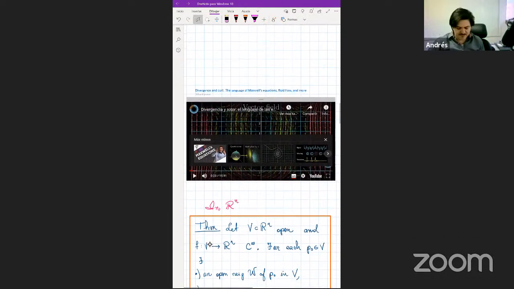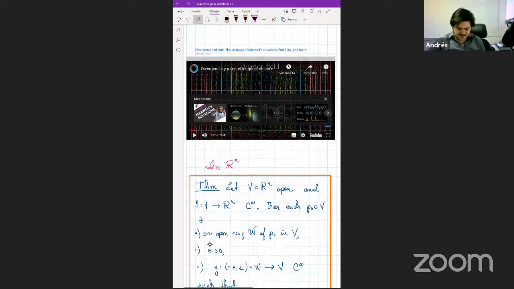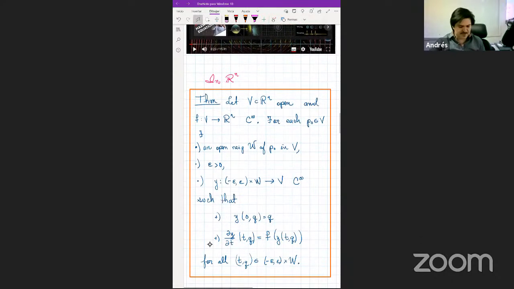So I just wrote the corresponding result, in Euclidean space. I'm not using manifolds. Because they are in Euclidean space, they use this notation. So this is our vector field.